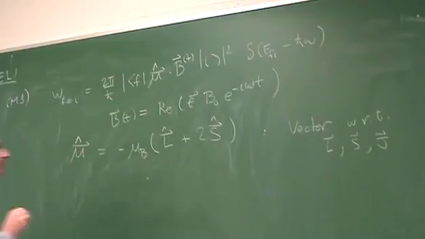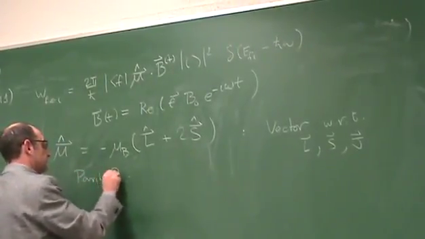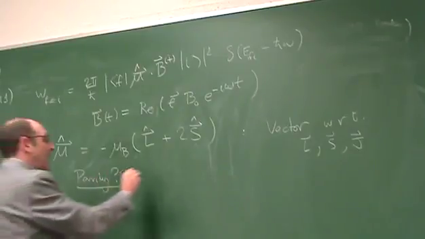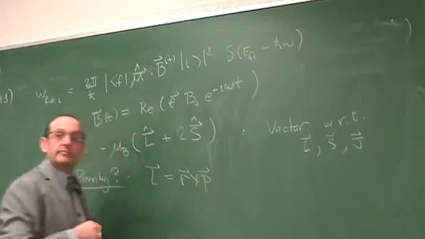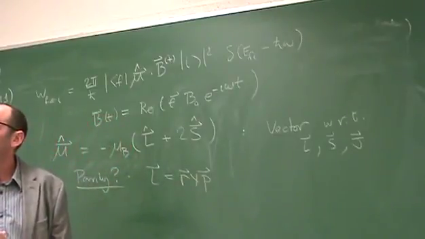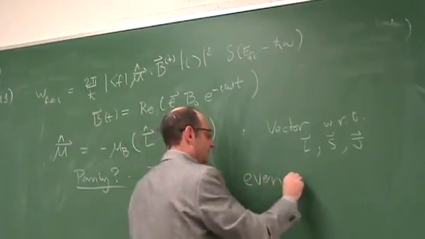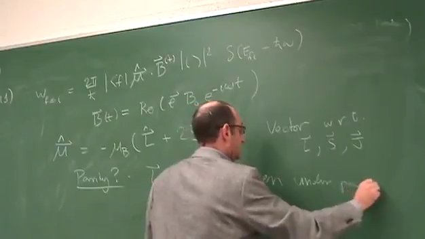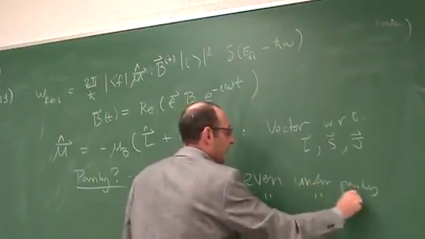What about the parity? Well, remember that L is r cross p, right? So L is even under parity. S is even under parity.